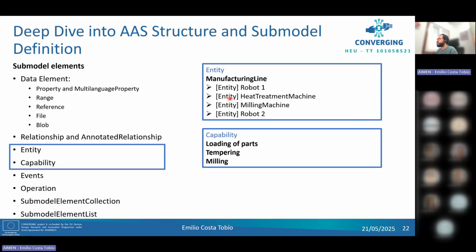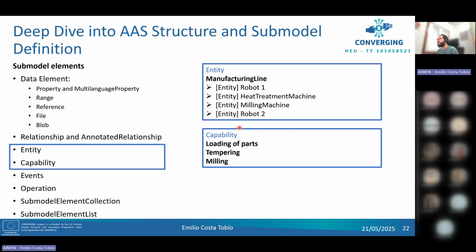For example, a robot, another one would be a heat treatment machine, and all of these would be entities of the manufacturing line. Each of these entities could have its own AAS, and you would link it here, or it could just be co-managed by this first AAS. Both options are available in the entity type.